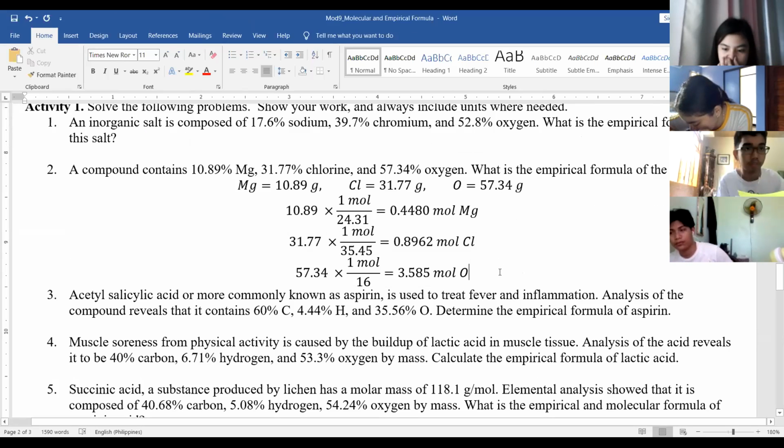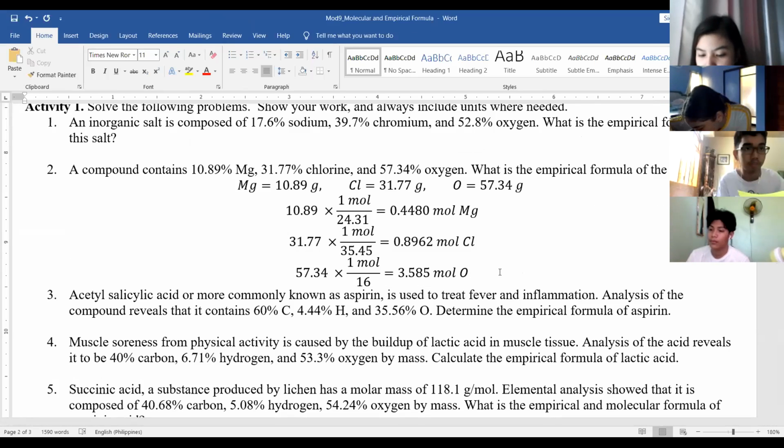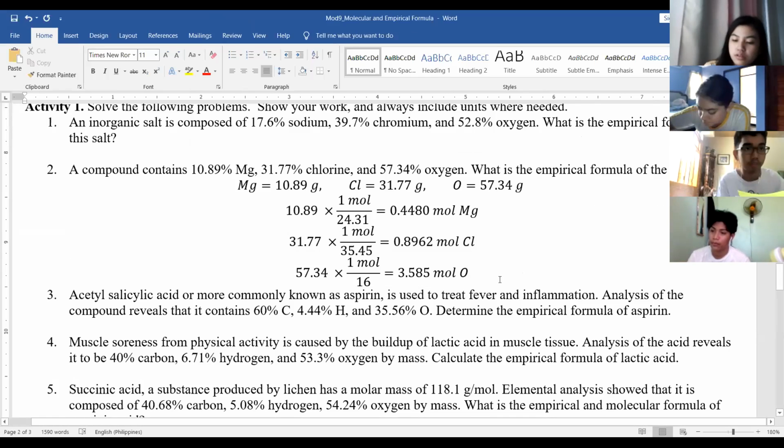Okay, so we're done with step number 2, change the mass to mole. We are now going to proceed with step number 3.